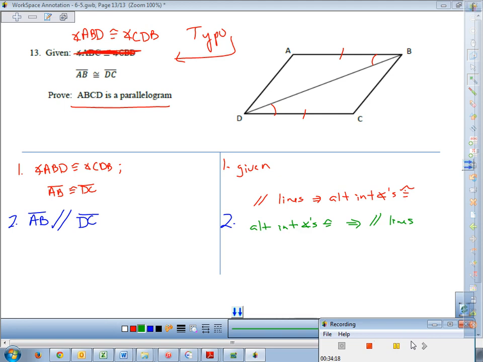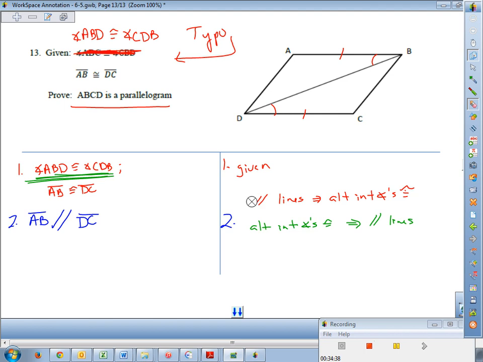Parallel lines implies alternate interior angles congruent, or alternate interior angles congruent implies parallel lines. We could call it red or green. Which one is correct in this case? Why is it the green one? We were given alternate interior angles congruent, and aren't we proving that those segments are parallel to each other? So, goodbye. This one. Sweet.